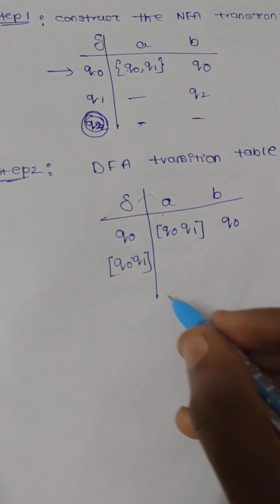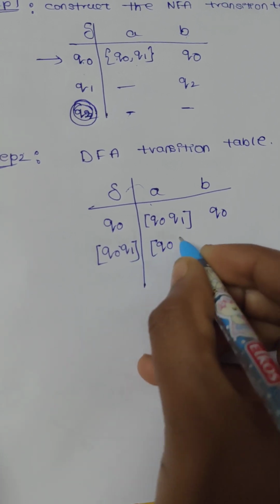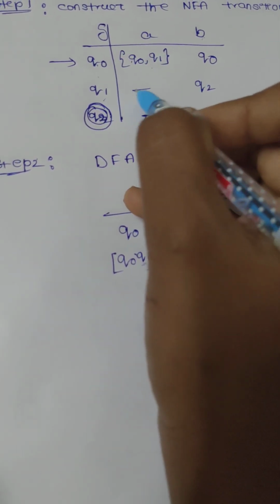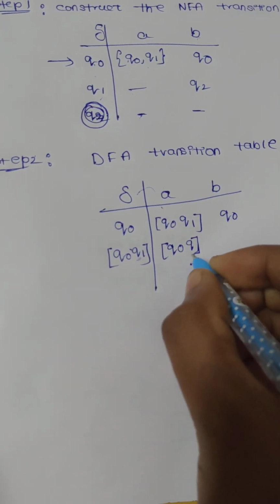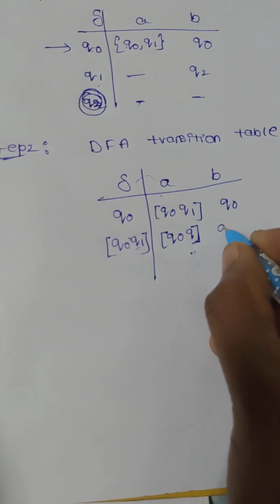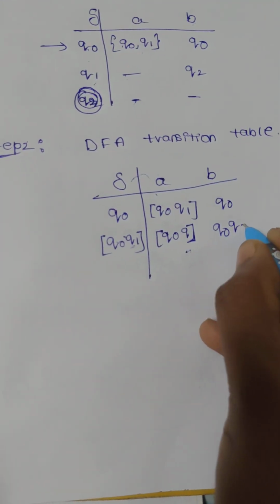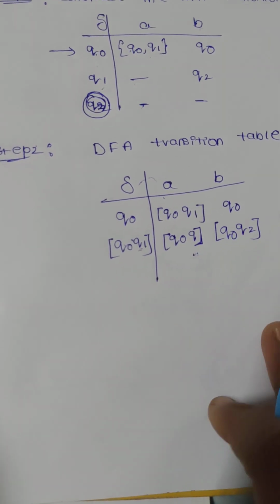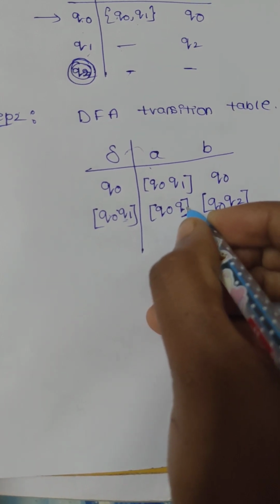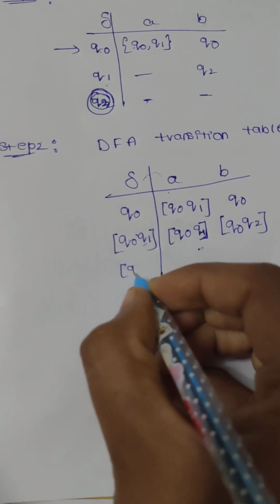Q0 on A goes to Q0 Q1, and Q1 on A goes to nothing, so we close the square bracket. Q0 on B goes to Q0, and Q1 on B goes to Q2. Q0 and Q2 we take as a single state, and Q0 Q1 is already completed, so we take Q0 Q2.